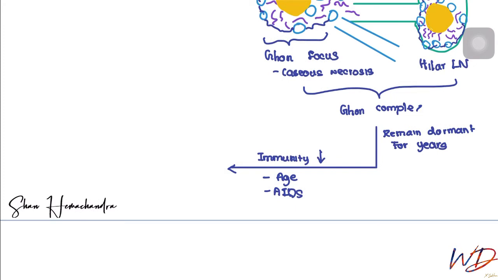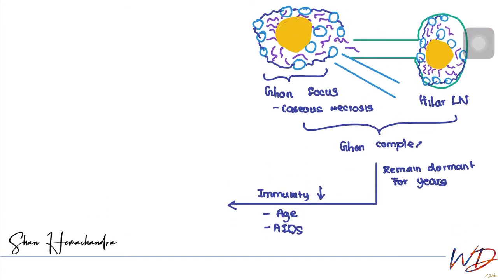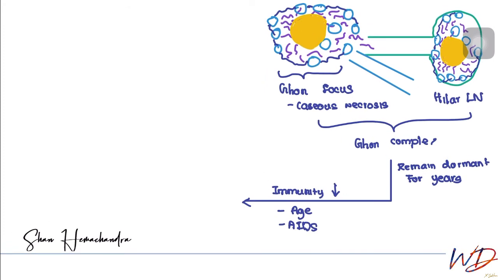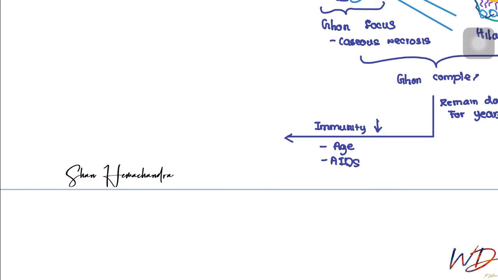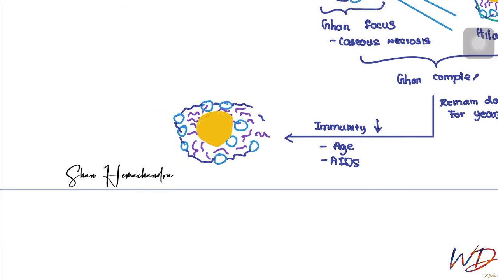Remember, it's not an easy bacteria to get rid of. Some people, it can be gotten rid of, but in most, they will remain dormant for years. Now, when the immunity goes down, what happens here? I'll take this same diagram so that I can help you understand. The actively participating white blood cells have decreased.